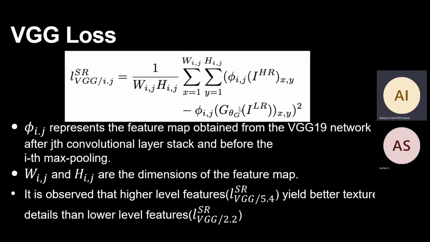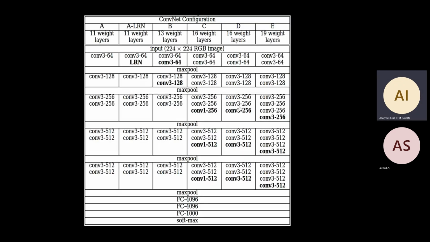You put i equal to 5 and j equal to 4. So you take the fourth convolutional layer before the fifth max pooling layer. Can you guys tell me which layer that is?